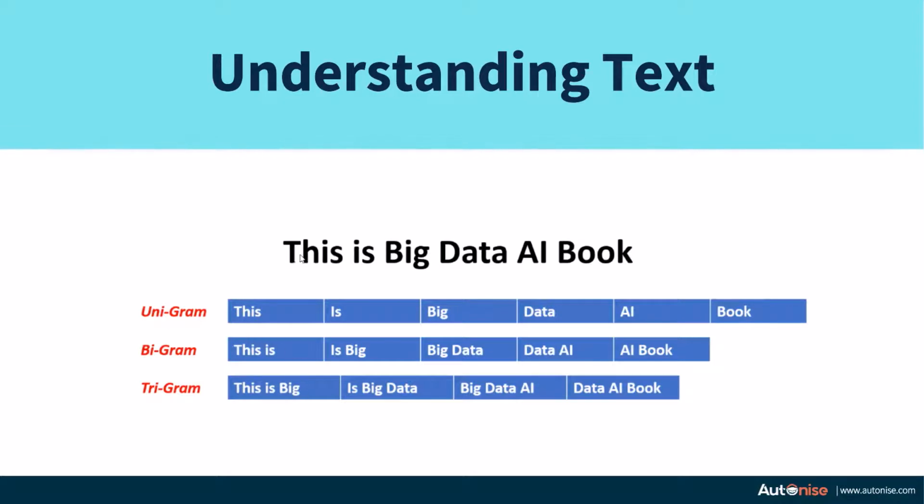So if we combine this is, is big, big data, data AI, and AI book, we get the bigrams, and each bigram is provided a unique number. So we feed in the unique number to the neural networks, and neural networks will automatically start understanding the structure of the sentence using combinations of two words.